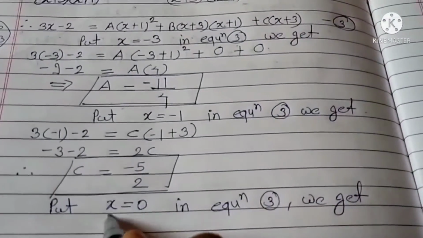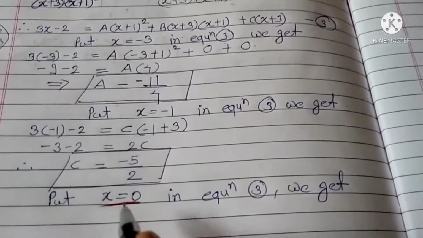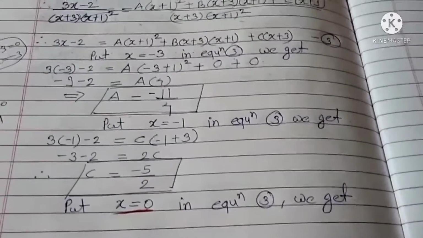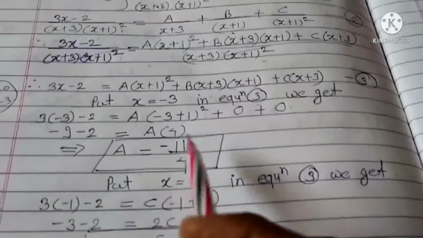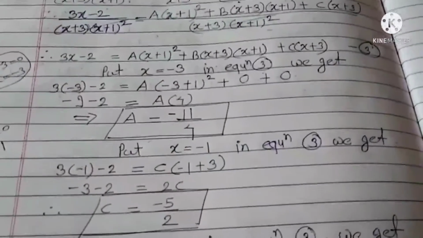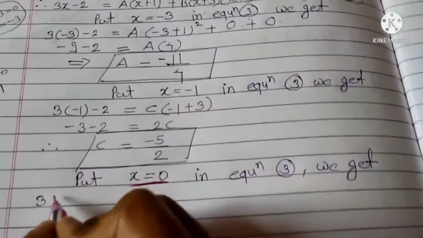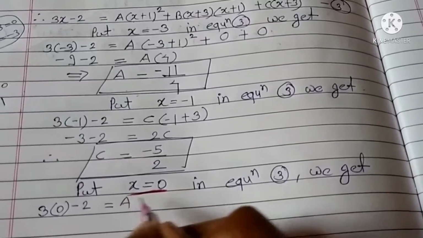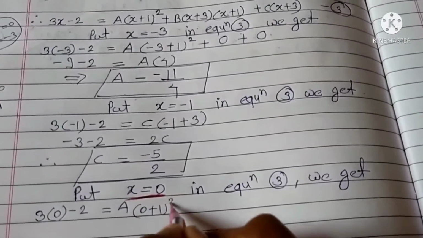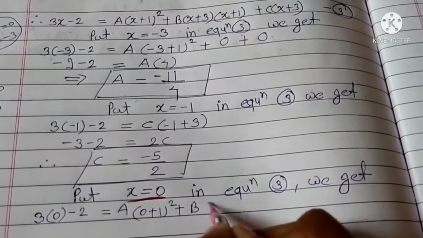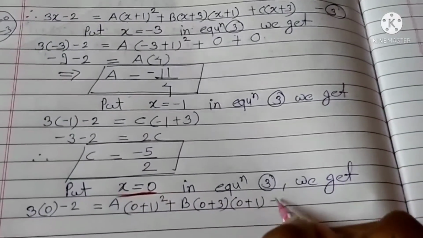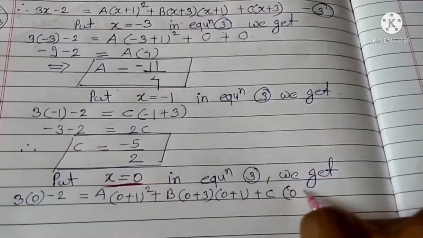This is a very important step in repeated linear factors. When we put x equal to 0 in equation 3, we get 3 into 0 minus 2, which is equal to a into 0 plus 1 square plus b into 0 plus 3, 0 plus 1 plus c into 0 plus 3.